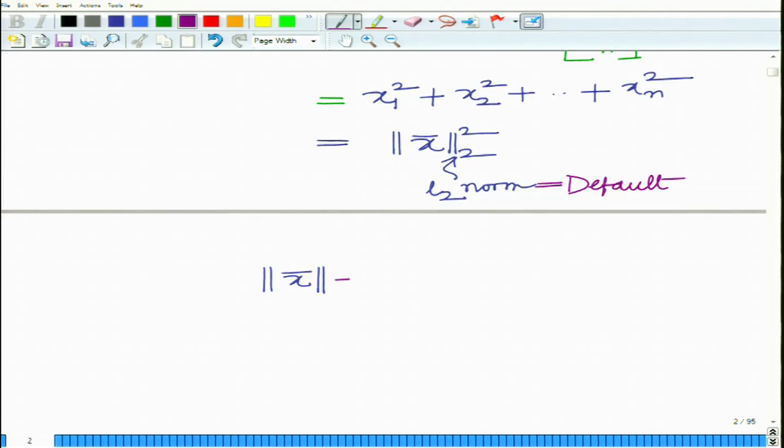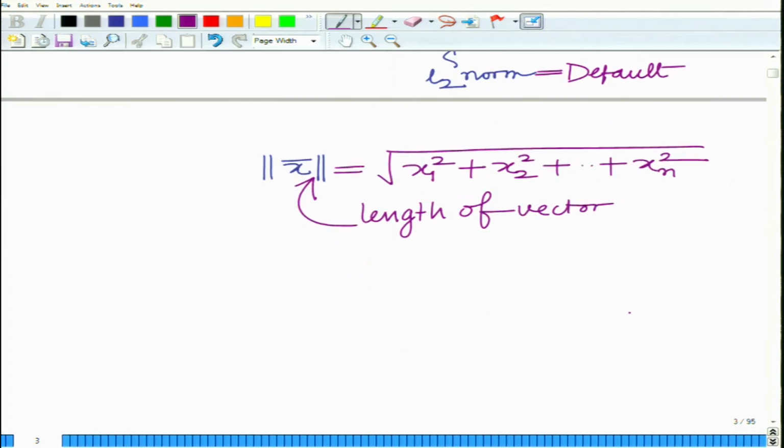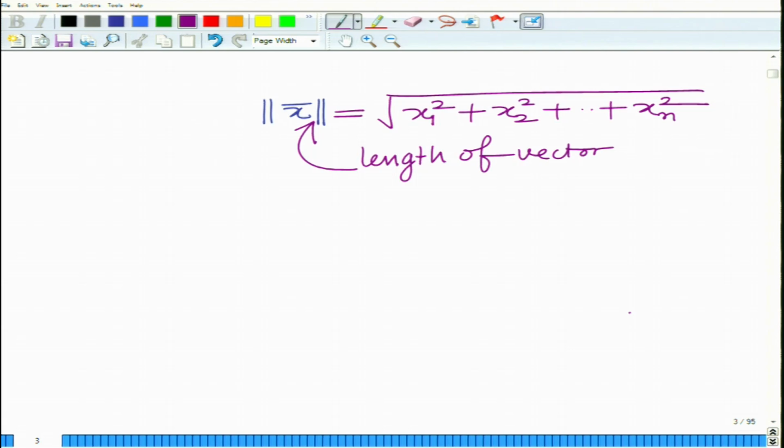Okay. So, norm x bar is square root of x1 square plus x2 square plus xn square, which is basically the length of the vector. Okay. All right.